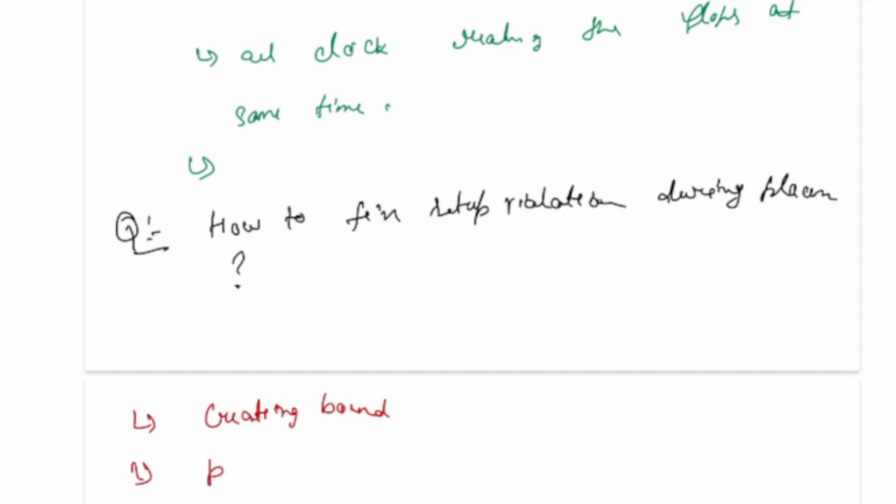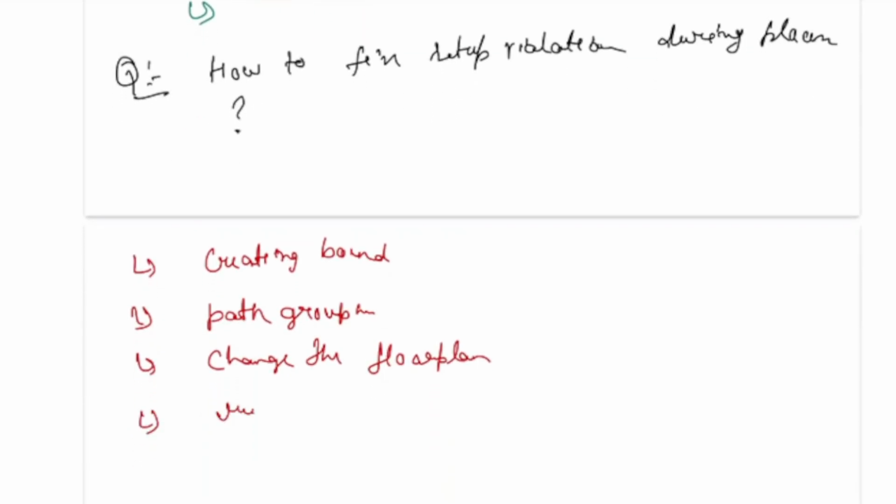You can use path grouping, or change the floorplan. If not able to fix by the above methods, run timing driven placement. So these are the methods you can use in the placement stage to fix the setup violation.